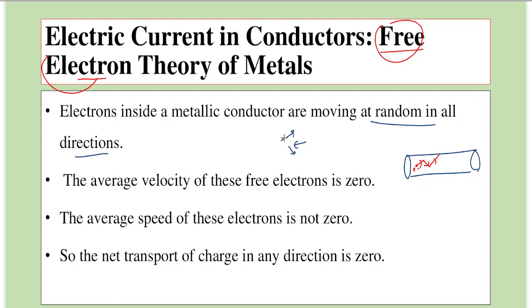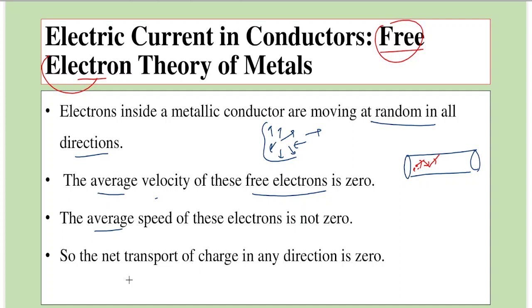That is, if the arrow represents the electron's velocity at a given point of time, then there are so many electrons that the net velocity of all of this would be equal to 0. So we can say the average velocity of these free electrons is 0. But the average speed is not 0 because speed is just adding their magnitudes, not with direction.